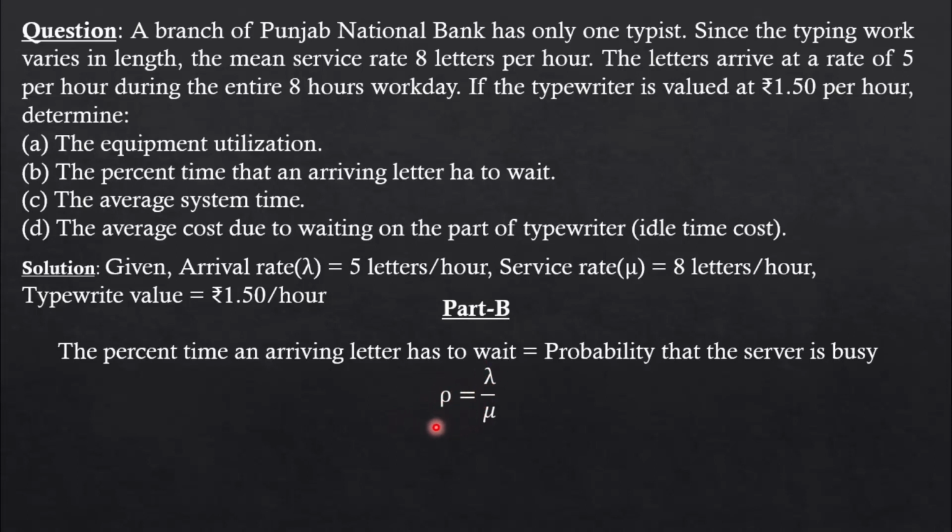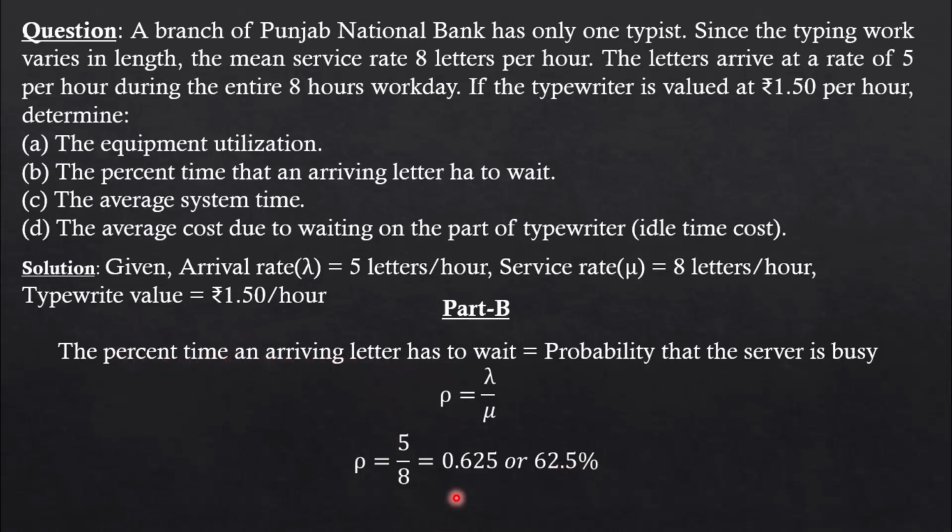In the previous part A we have calculated this, and if we represent this in the form of percent, it is 62.5%. So the probability that the server is busy is 62.5%, or we can say that 62.5% of the time an arriving letter has to wait.